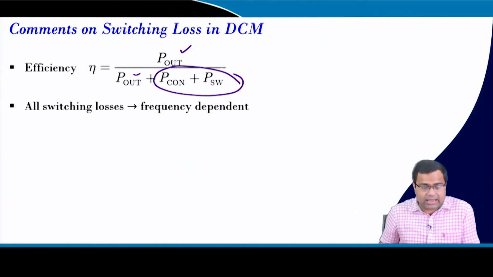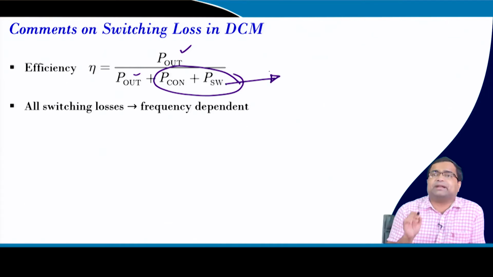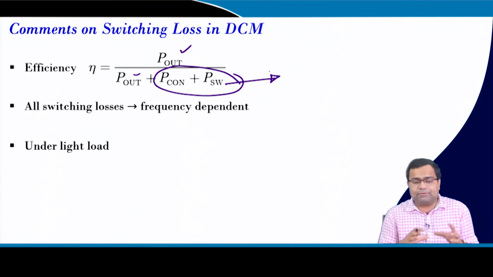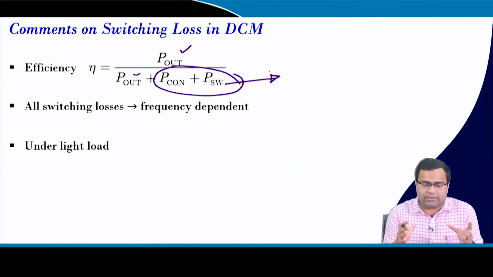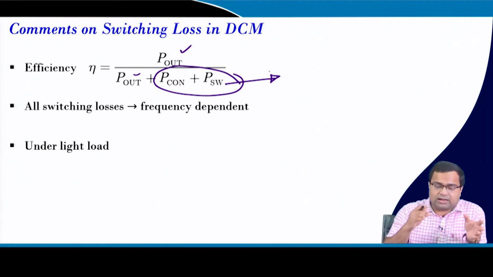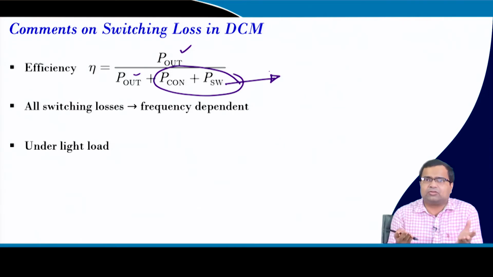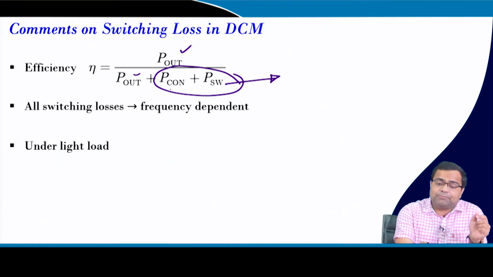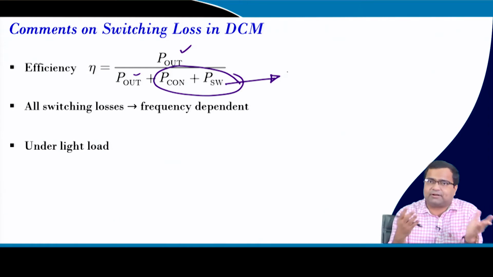All switching losses we saw are frequency dependent. If the power level is very low, for example a portable device where most of the time it is either in standby mode or very light load condition, the output power requirement is very low. But you cannot reduce the switching loss if you are turning the MOSFET on and off at a very fast rate, say 10 megahertz switching frequency.